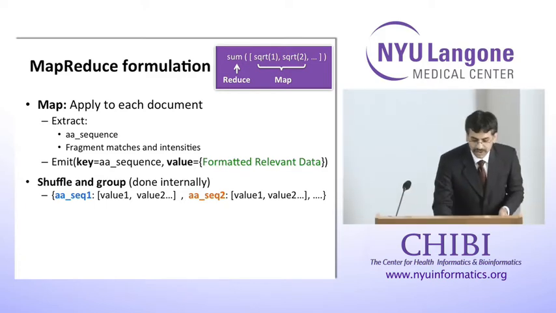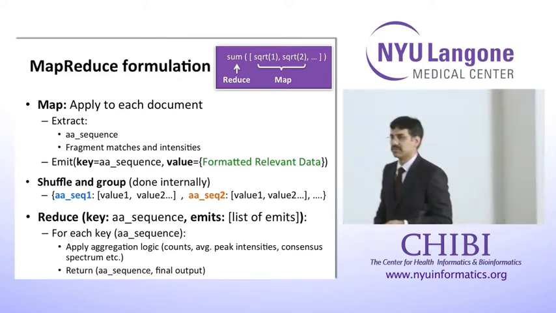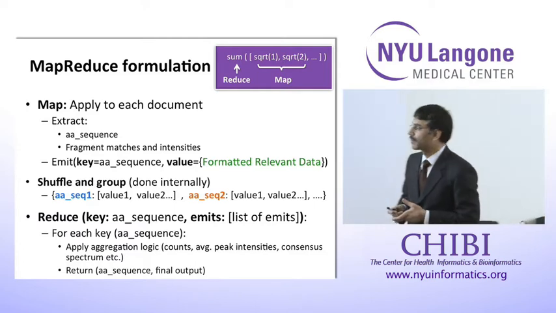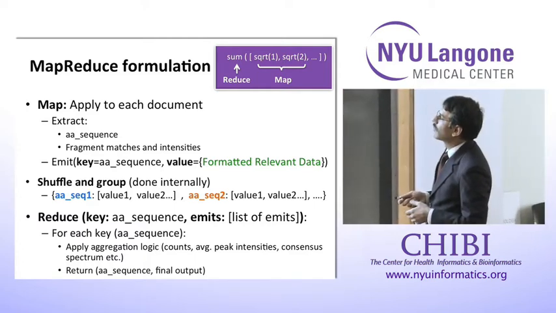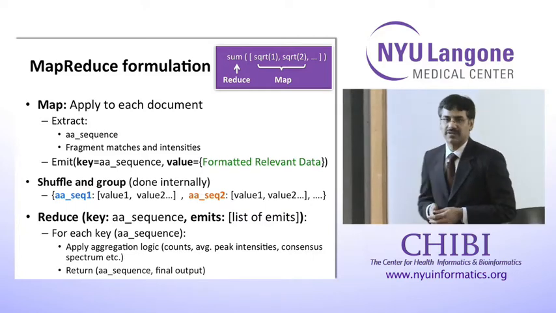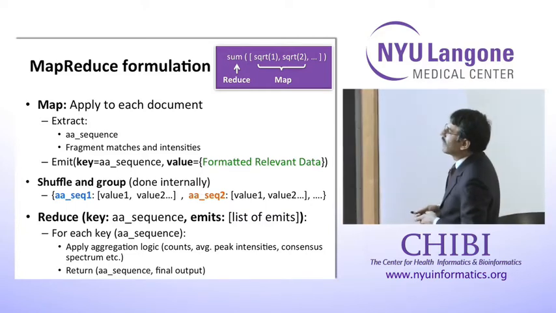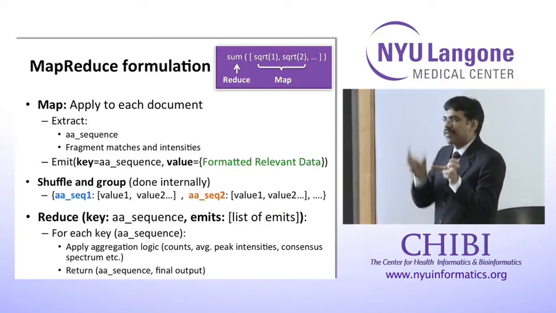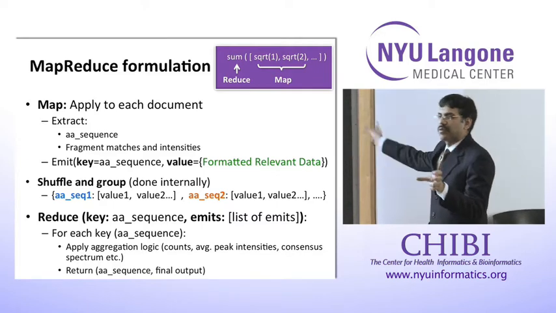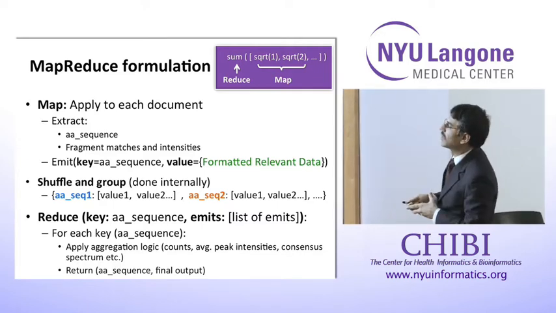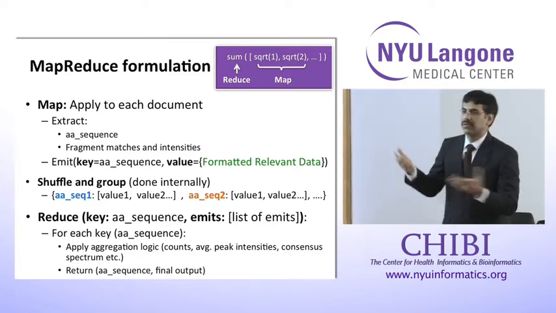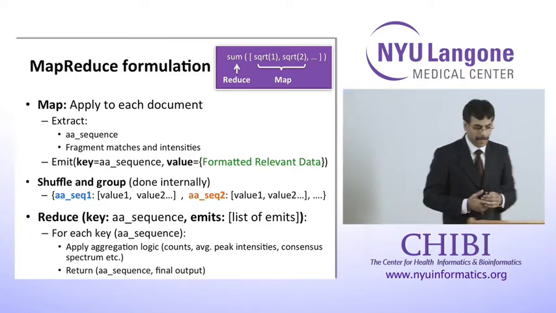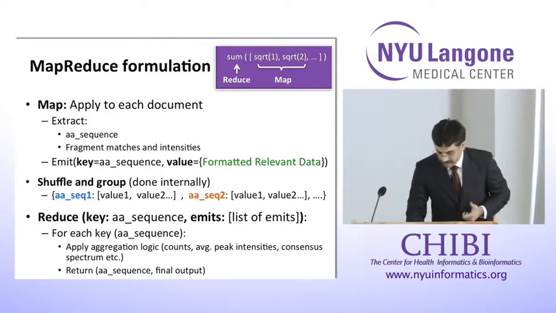So that's what the shuffle and group operations would do, and that's handled by Mongo internally. At the end of shuffle and group, we will have one key value pair for each amino acid sequence that we are interested in. And the value will be a list of fragment ion matches for each of the occurrences in the database. So for peptide 1, we'll have 20,000 such things. For peptide 2, we'll have 30,000, 40,000, as many as were observed. Okay, so that's the map, shuffle, and group.